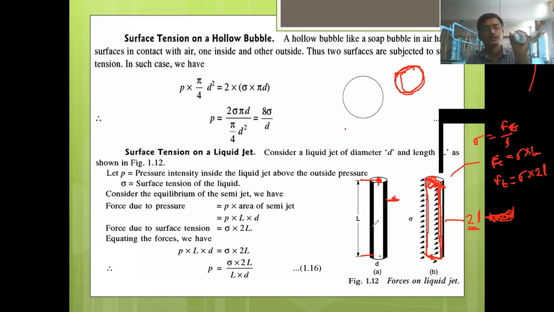It will look like a circle. And when we look like this, it is a cylinder. When we cut this particular cylinder into halves, then it will look like this. And when we see it from the front side, समोरून जर आपण हा कट केलेला सिलेंडर बघितला, then how will it look? It will look like a rectangle, right?